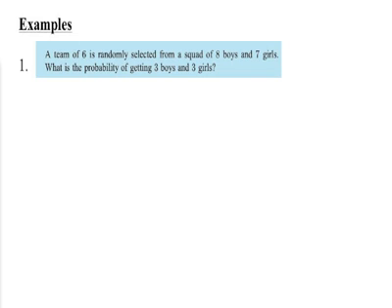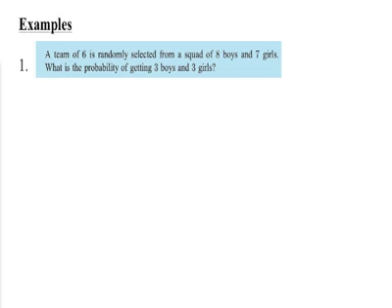In the first example, we have a team of 6 being randomly selected from a squad of 8 boys and 7 girls. The question is, what is the probability of getting 3 boys and 3 girls? The very first thing that we should do in these types of problems is figure out whether or not we're going to use a combination or a permutation.